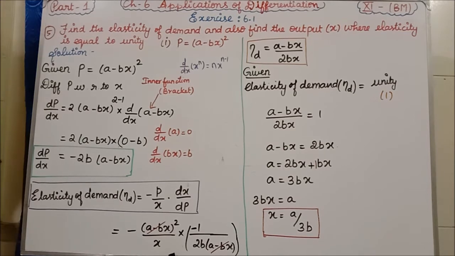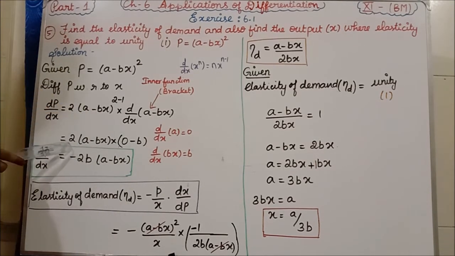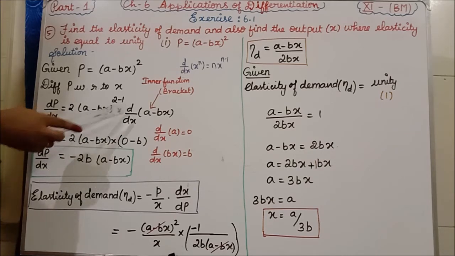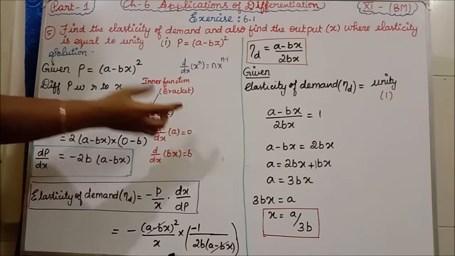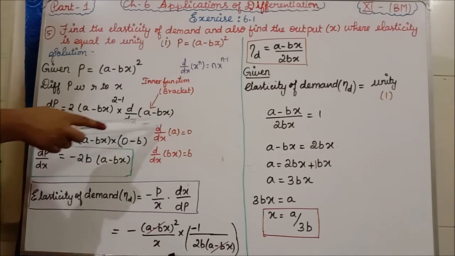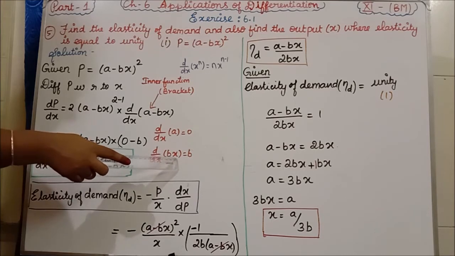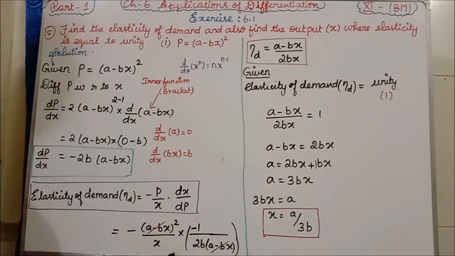Clear now? See, this 2 (A minus Bx) power 2 minus 1 is just power 1. If you differentiate, d by dx of A, which is a constant, you will get 0. Next, d by dx of Bx: if you differentiate x, we get 1, so b into 1 is b only.